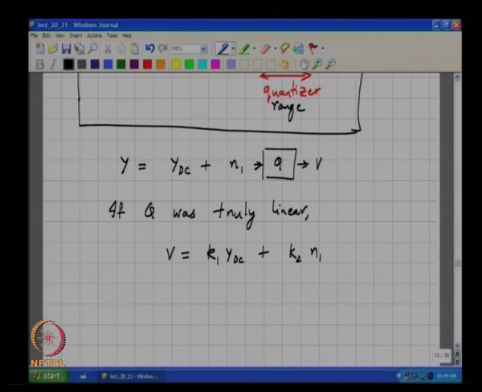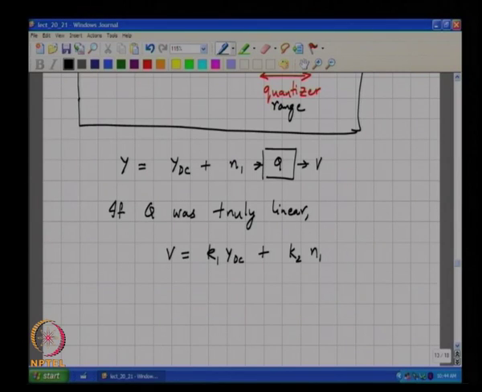And how would I find k1 and k2? If I was given the sequence y dc, the sequence n1, and the sequence v, how will I find k1 and k2?